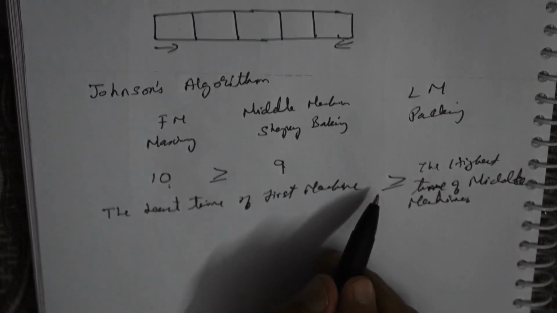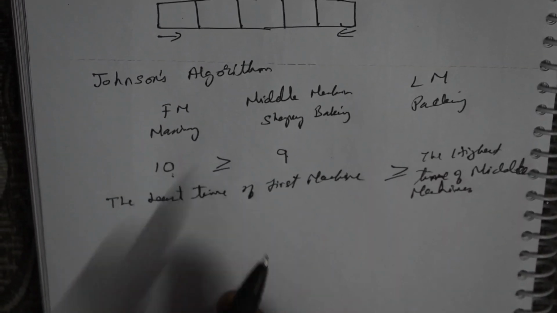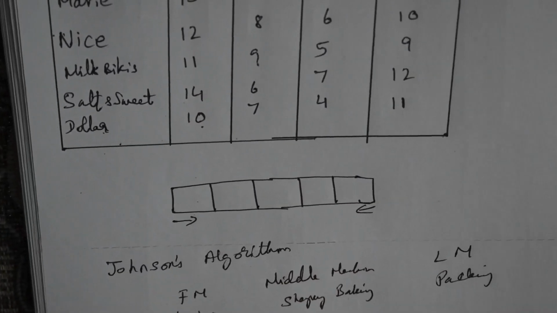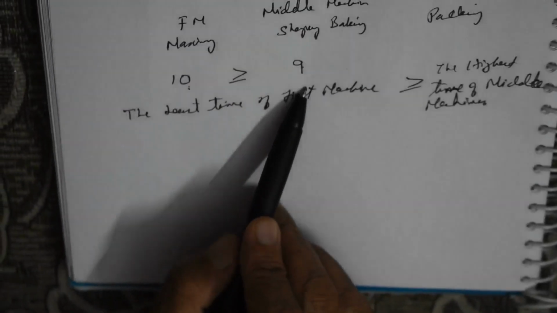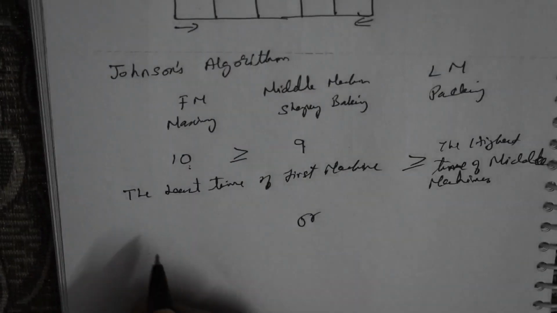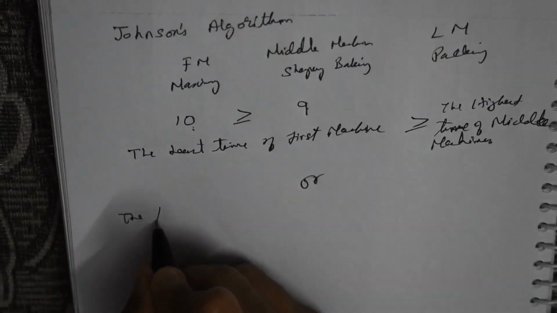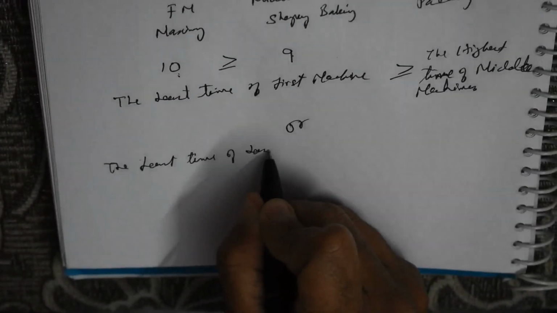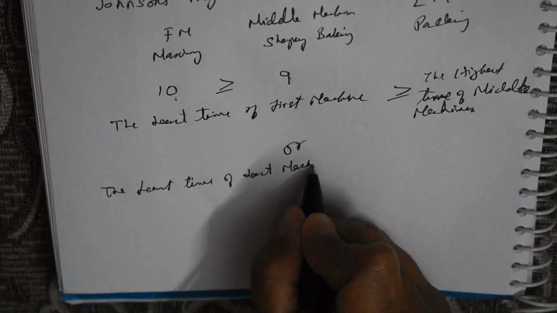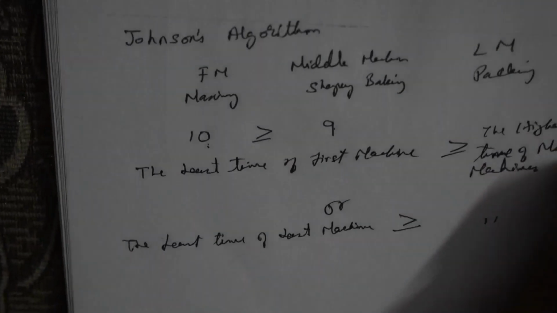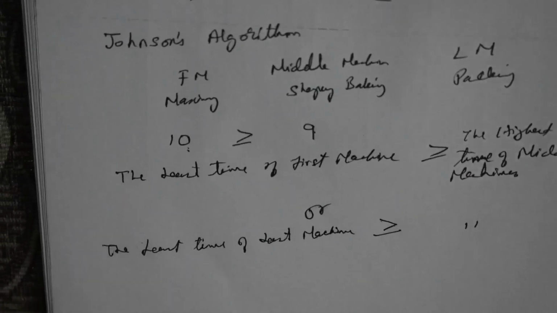If this rule is satisfied, we can convert the 4 machines problem into a 2 machine model. In case the rule is not satisfied, you can use the same rule for the last machine. So, the least time of the last machine should be greater or equal to the highest time of the middle machines.